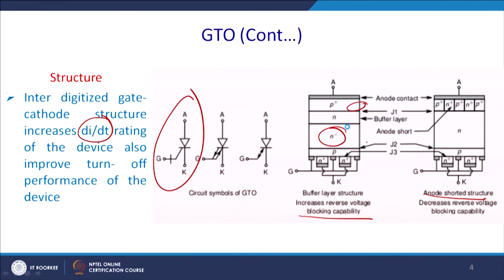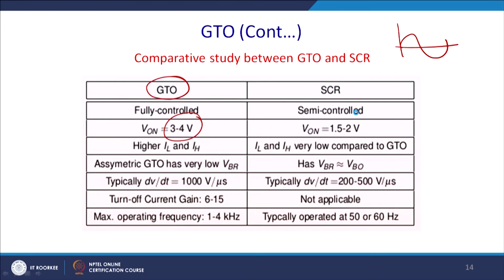So, here this buffer layer is there for the higher forward blocking voltage. So, to incorporate it, you will also incur higher losses. Higher holding and latching current, we have seen that it is around 10 times higher than the corresponding rating of the thyristor.